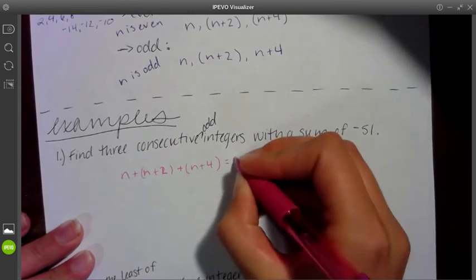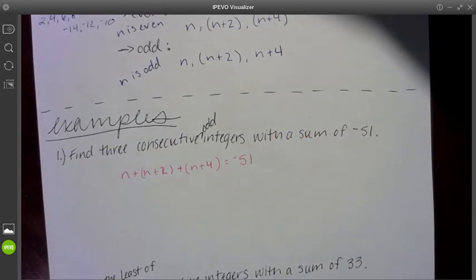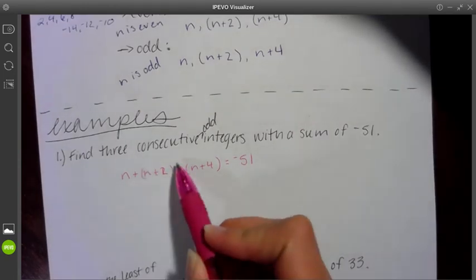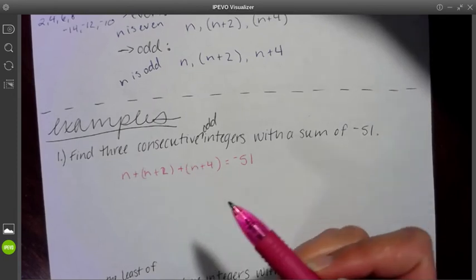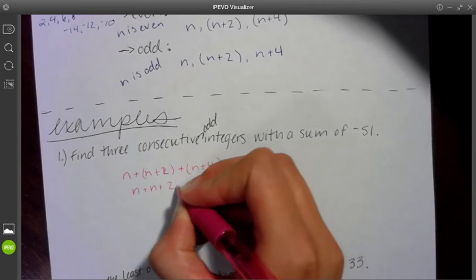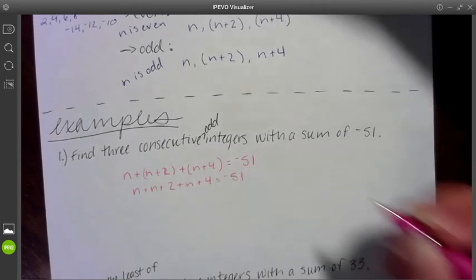So they add up to negative 51. What do we do? With these groupings, there's no number up front here, so there's no distribution we really need to do. So we can really just write this as n plus 2 plus n plus 4 equals negative 51.